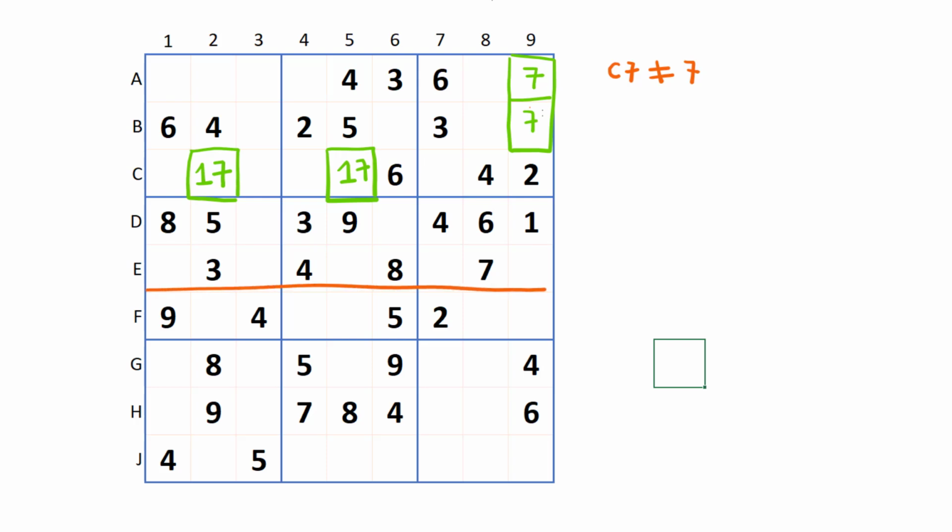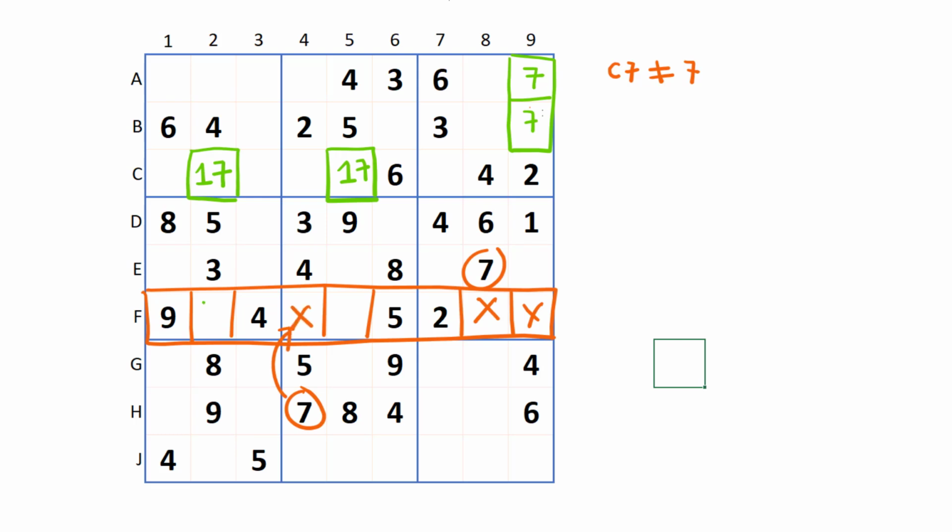Continue to consider row F. Find the possible cell for the number 7 in row F. In the middle right box, the number 7 already exists, so cells F8 and F9 cannot be 7.